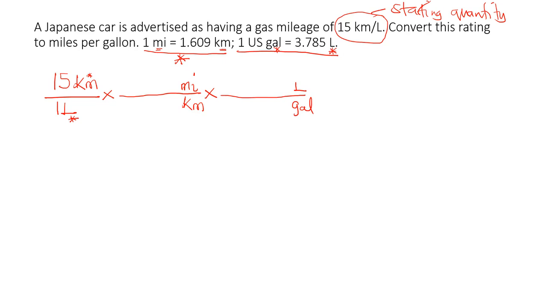The kilometer goes with 1.609. The mile goes with 1. The US gallon here goes with 1. The liter goes with 3.785.